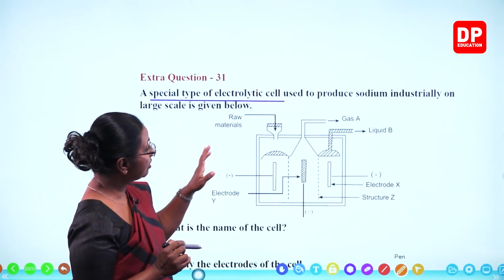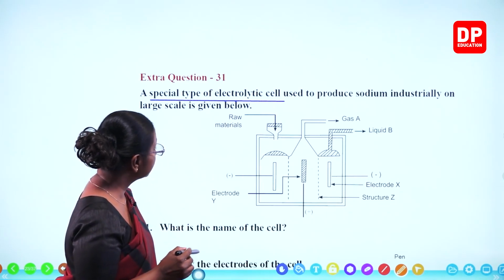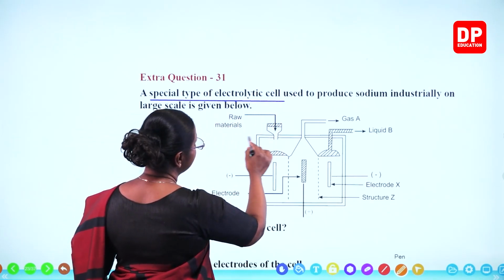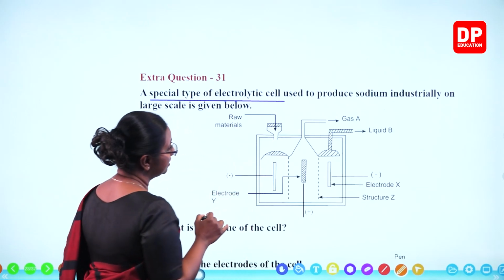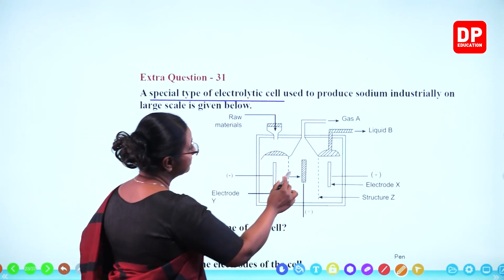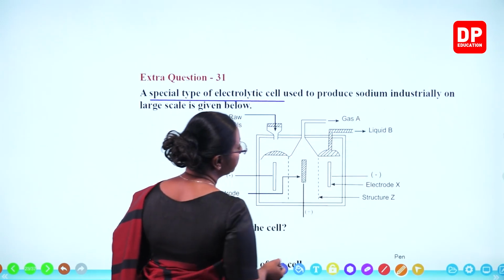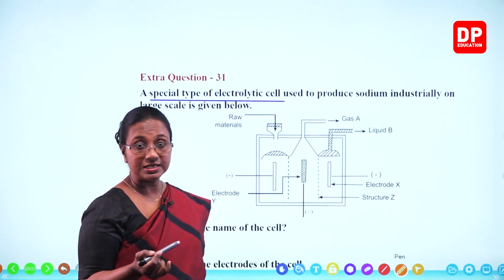So in the Downs cell only they extract sodium industrially. In this you can see here through this inlet raw materials are introduced into the cell. Then you can see there is gas A being removed from there and liquid B from there, the outlets.